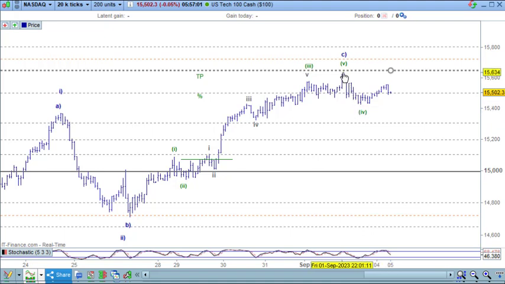Well, this move coming down from the top here to the bottom here, I've had a bit of a look at this, and I've looked at it on the Composite and also the Nasdaq 100 as well, because the product that we're using here is also a CFD product. So it takes the cash market and the futures market and a thing called fair value into consideration, and they also need to make their own market as well.